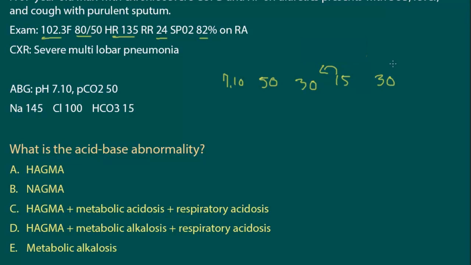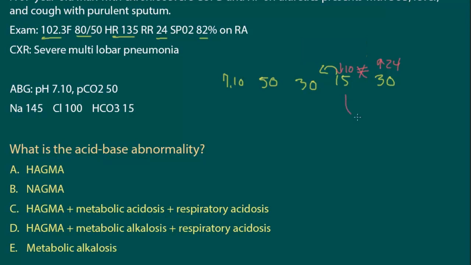Because we have a HAGMA, we further check to see if the increase in anion gap is about equal to the decrease in bicarb. So we have a 24 increase in anion gap above normal. 15 is 10 less than 25. So we have a 10 drop in bicarb versus a 24 rise in anion gap.